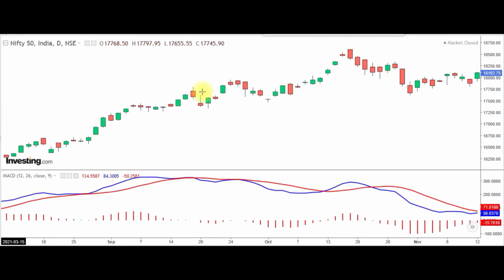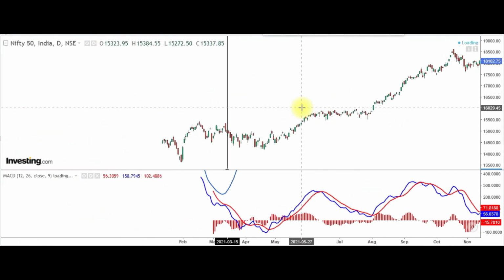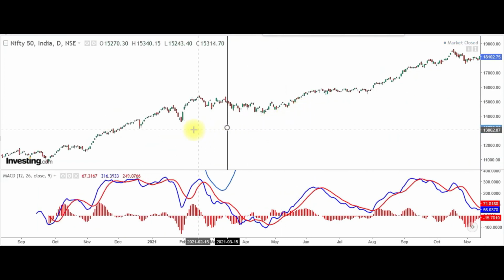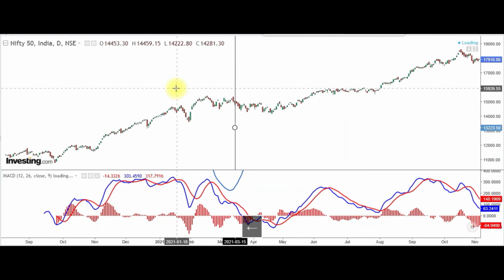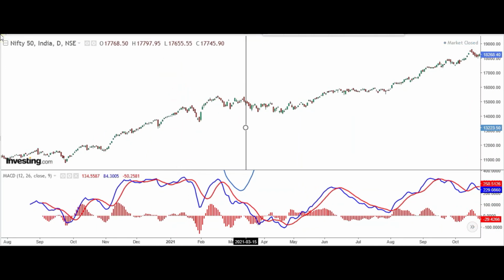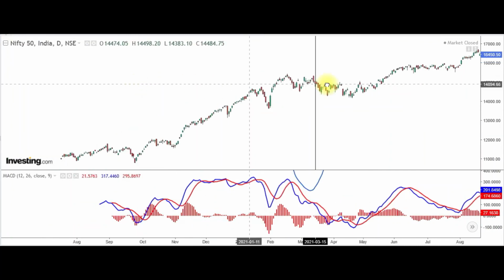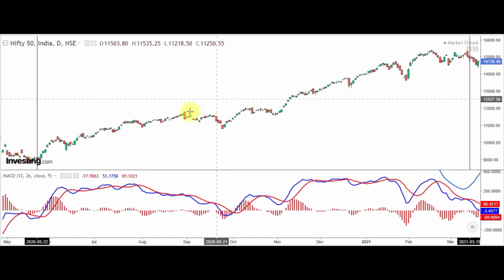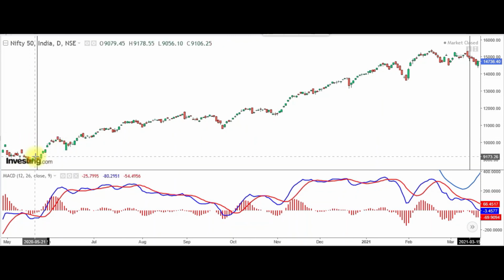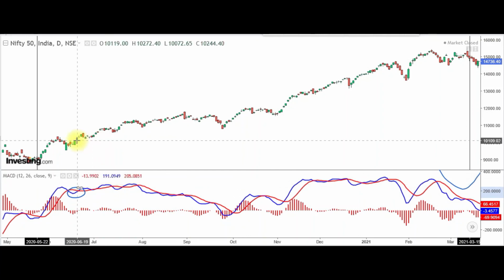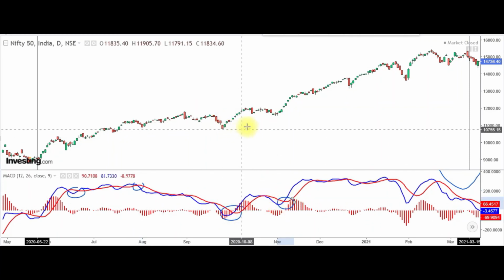Now let us come to the daily chart of MACD in between these time frames, and see how to use these two time frames for our trades. As you can see here, all the negative crossovers could be used to book profits, and all these positive crossovers we could have used to enter our long positions.